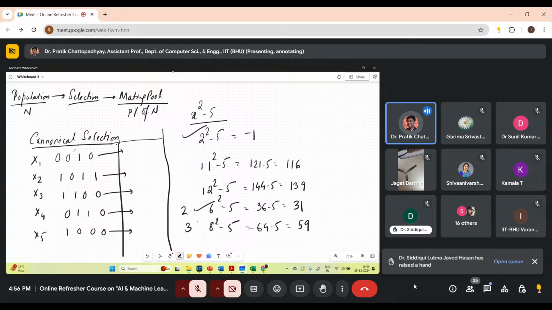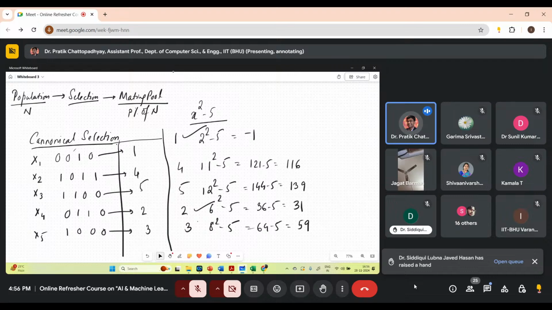If I rank them, this is the best, this is second, third, fourth, fifth. So 2 is my best solution. If I am able to rank them, this is my best solution 1, this is 2, this is 3, this is 4, this is 5.